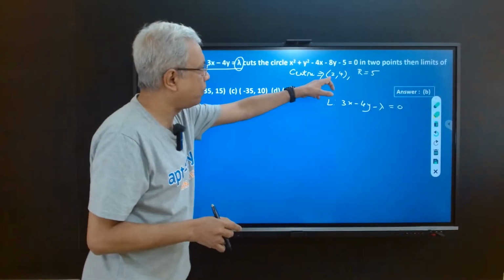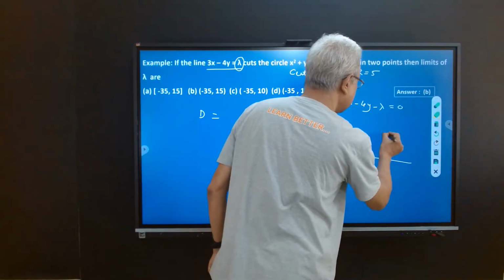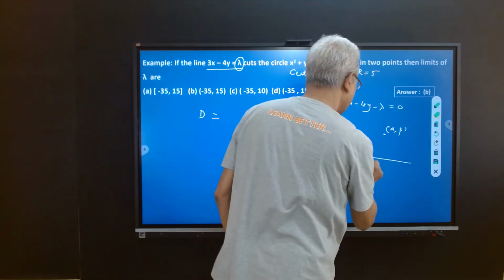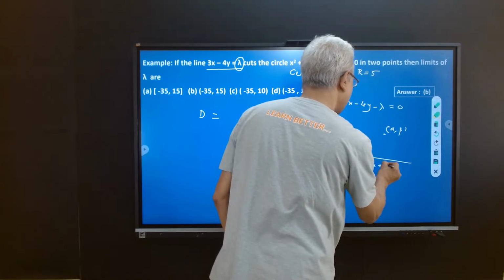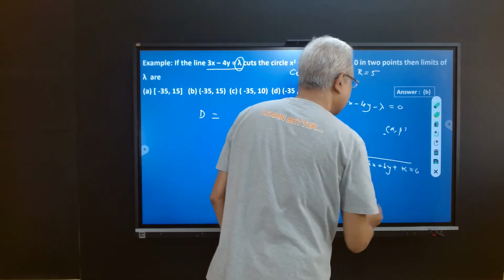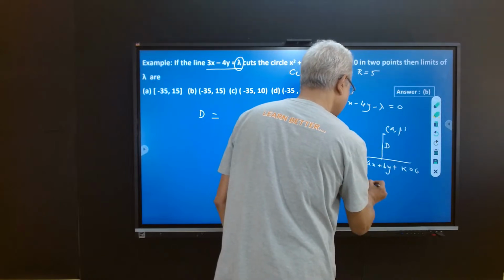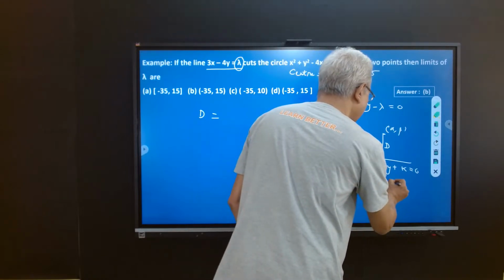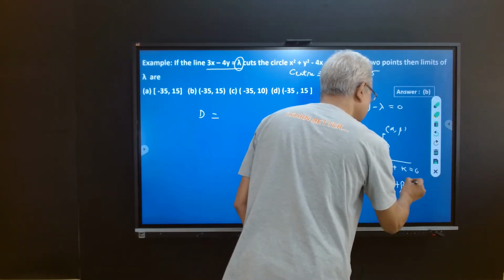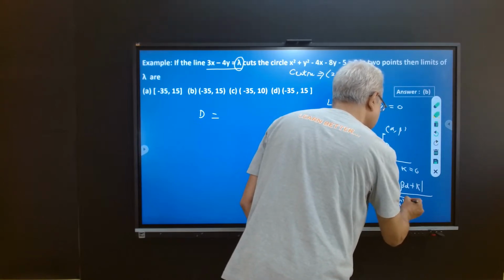If I drop a perpendicular from a point (alpha, beta) on a line ax plus by plus c equal to 0, then the perpendicular distance d is mod of a alpha plus b beta plus c divided by square root of a square plus b square.